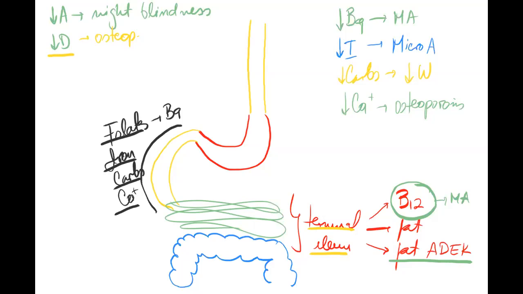And another point is vitamin E. Vitamin E is a protector from the free radicals for the red blood cells. So when the free radicals try to attack the red blood cells, vitamin E produces a protection around the red blood cells. When we decrease vitamin E, the red blood cells are not able to get protection against the free radicals, and that produces hemolytic anemia.